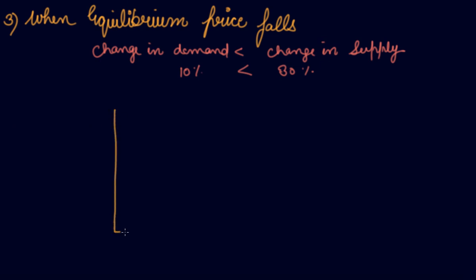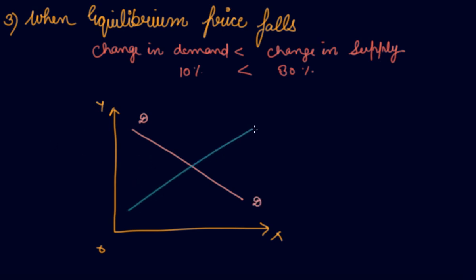We can see it again on the graph. This is your initial demand, DD. This is your initial supply, SS. This was your quantity, this was your price. Now, your demand curve, let's say, shifted this much.